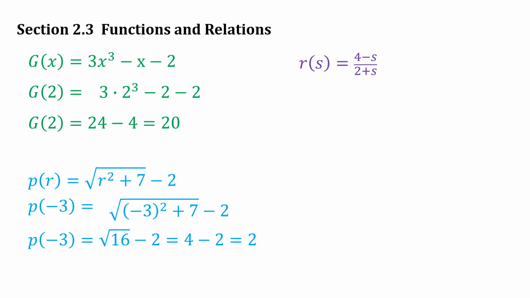Let's go for another one. This is not a linear equation. It's not a straight line. Y equals mx plus b is a straight line. This has got a variable s on the bottom of a fraction that will not give you back a straight line.